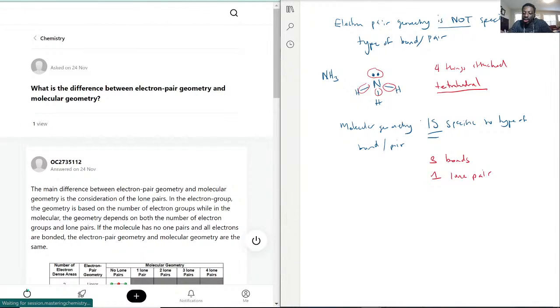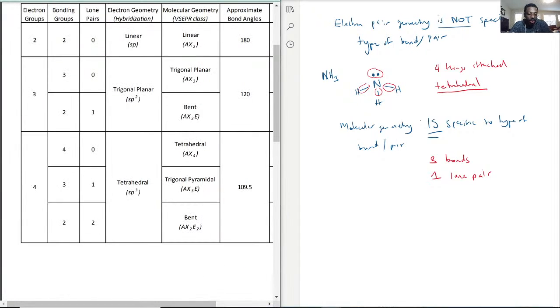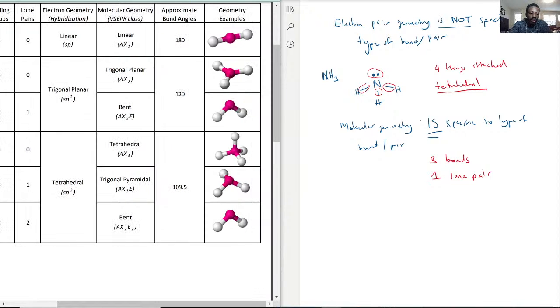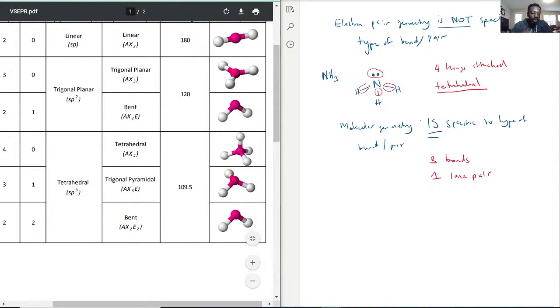Because of that, it is still a type of tetrahedral, but a specific type. If we look at our VSEPR theory sheet here, tetrahedral is our electron geometry, and then there's what they call the VSEPR class, as you can see up here.